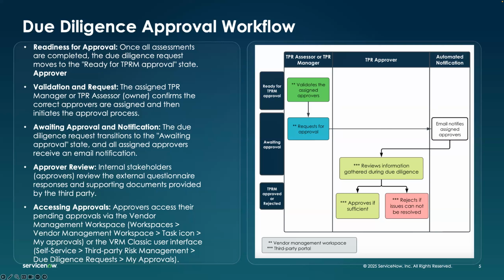These internal stakeholders, who must be part of your TPRM manager users group, then review the third party's questionnaires, responses, and the supporting documentation within your vendor risk management workspace or even in the classic interface, where they can assess their pending approvals and related tasks, and finally take a decision of approving or rejecting. In case of rejection, they can also ask for further due diligence if need be.